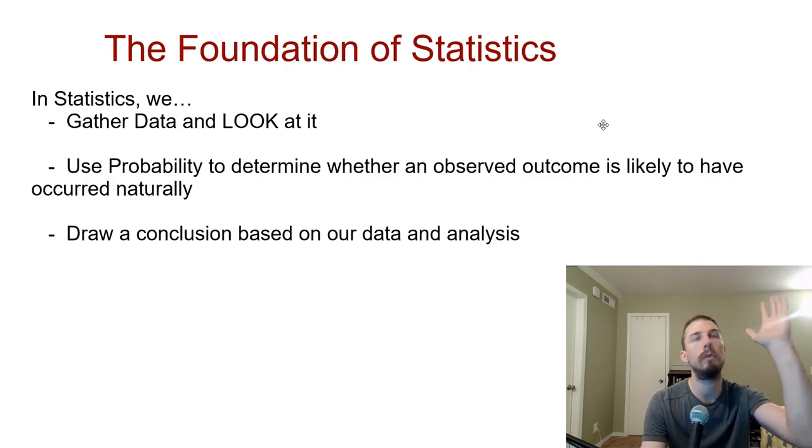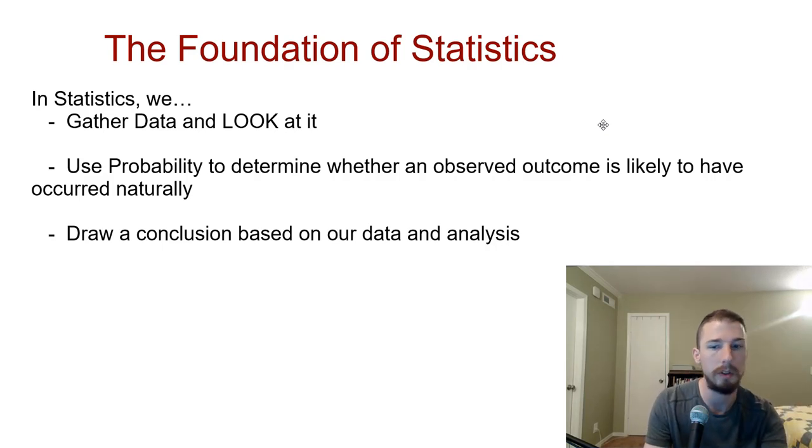Whoa, I'm using some vocab that we don't know. We won't know till the second semester, but it's okay because I'm just giving you an example of how this stuff works. And I think it's pretty cool. So then the last thing we're able to do is draw a conclusion based on our data and our analysis. So if our p-value, our probability, is so low that this could have occurred by normal variation or normal chance, then we would have to reject the null hypothesis, and we would have enough evidence to call BS and lock her up, throw her in jail.